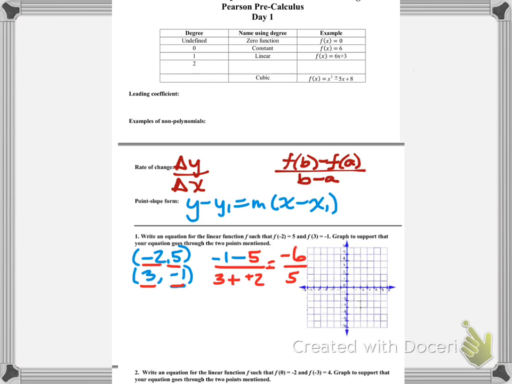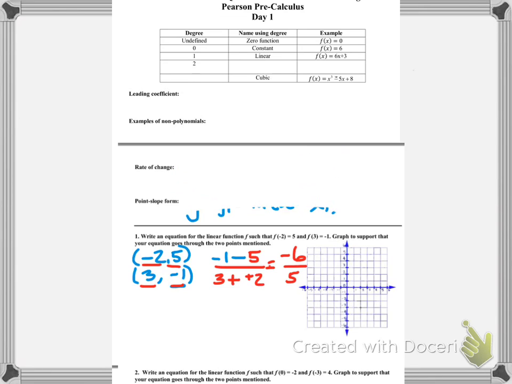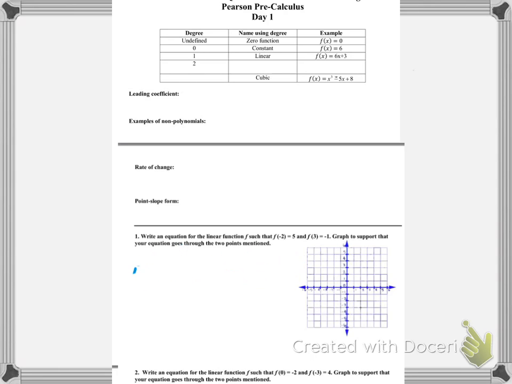Next, we're going to pick a point. I think I'm going to need more room, so I'm going to erase this. Remember that our slope is negative 6 over 5. You can pick either point. It doesn't matter. You're going to end up with the exact same equation.